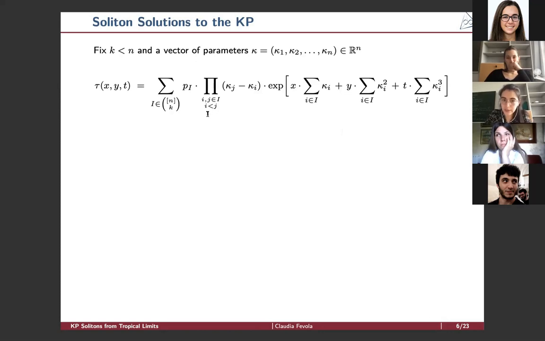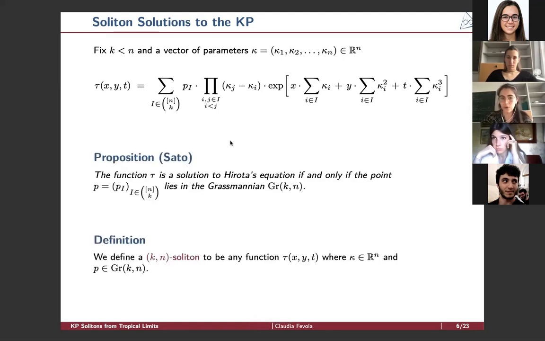The difference here is that we no longer have, as in the Riemann theta function, an infinite sum of exponentials, but now the sum becomes finite. In particular, here we sum over all possible subsets of k elements in the set of natural numbers from 1 to n.